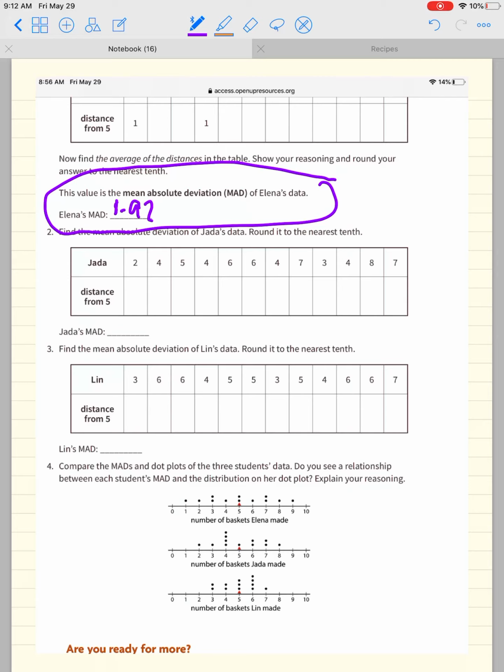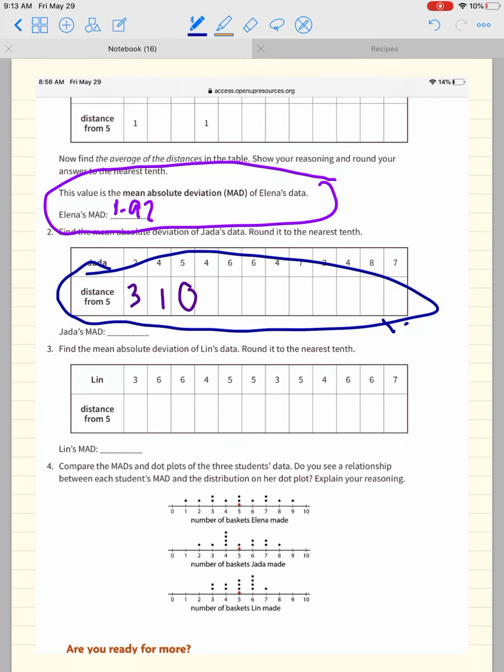So you're going to go ahead and do this again for the rest of them. Remember, for each of these, you're finding how far away the number is from 5. So remember, this is 3, 1, 0, etc. And then you're going to take this whole list of numbers that you made, and you're going to calculate the mean. Okay, and then you're going to do the same thing for Lynn. Once you have your mean absolute deviation for each of them, you're going to take those 3 numbers and compare them.